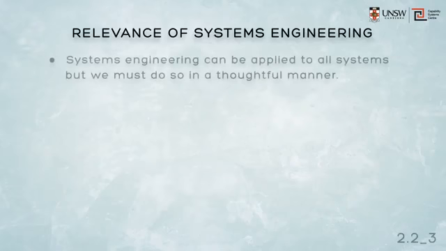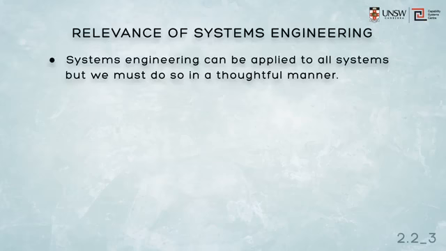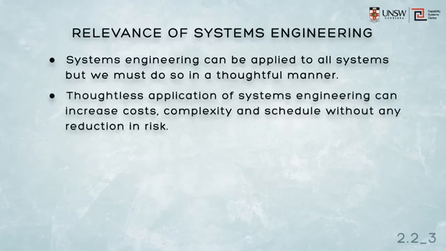However, while systems engineering may be applicable to all systems, we have to be very careful about how it's applied. Surely we can't do exactly the same things in large, complicated projects as we would in very simple, small projects, or else we'd take way too long and spend far too much, as well as take many unnecessary risks, by doing things that just simply aren't necessary.